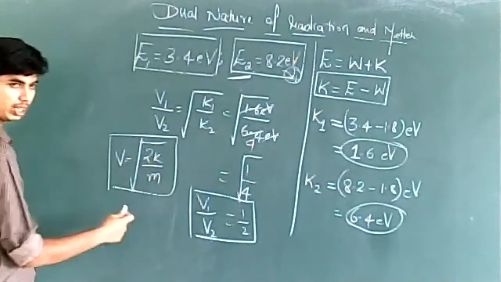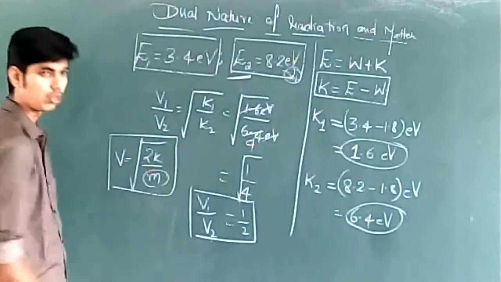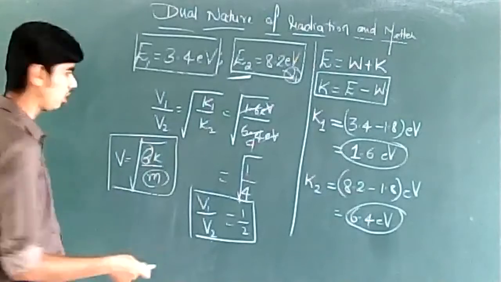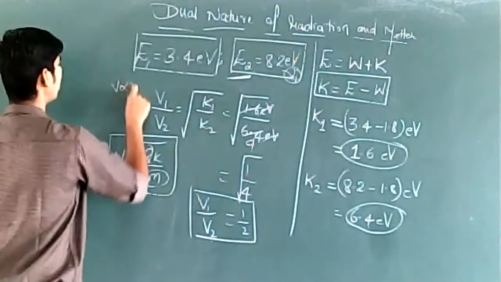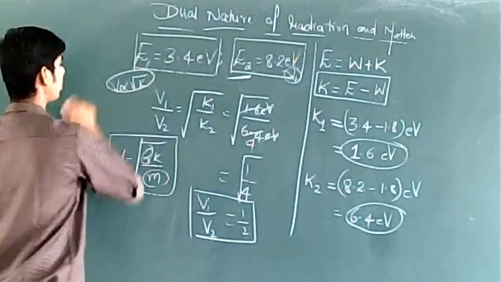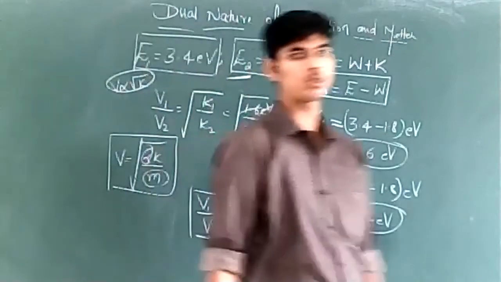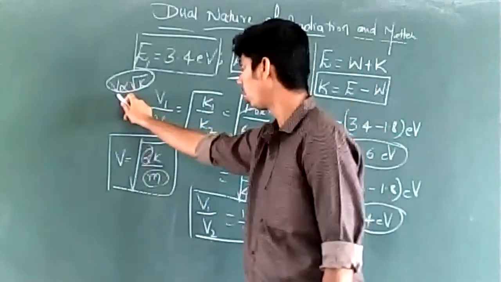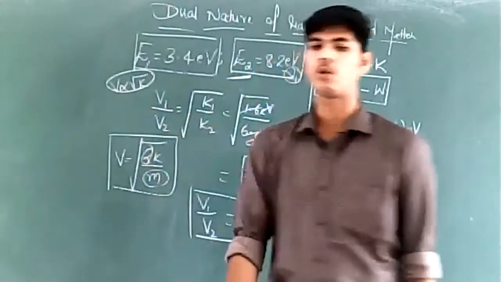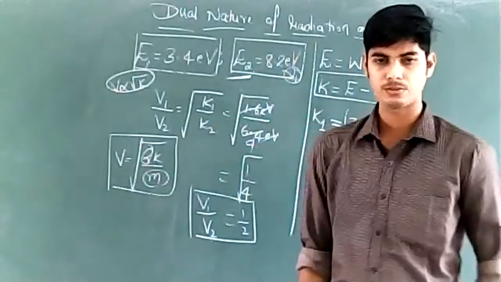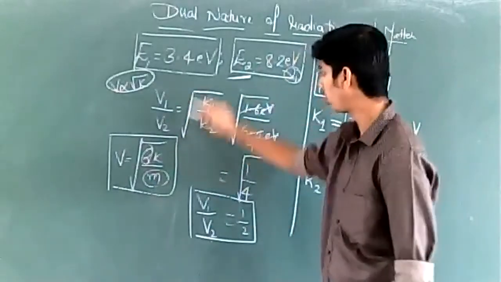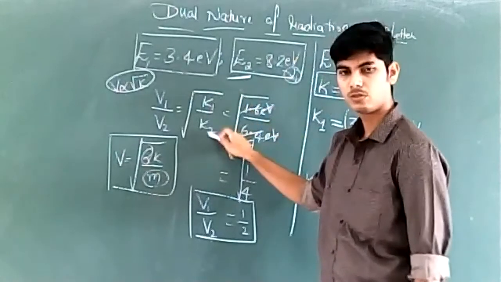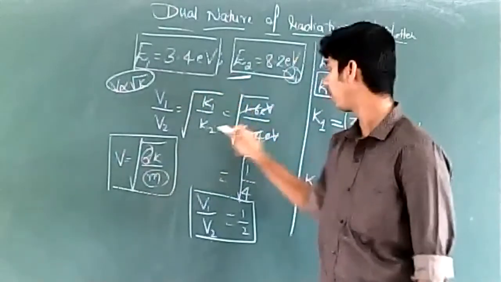If you are taking the ratio, because the mass of the electron is constant and 2 is constant, you can just ignore them and consider speed to be directly proportional to the square root of kinetic energy. For the ratio of speeds, you just take the square root of the ratio of kinetic energies. V1 by V2 will be square root of K1 by K2.